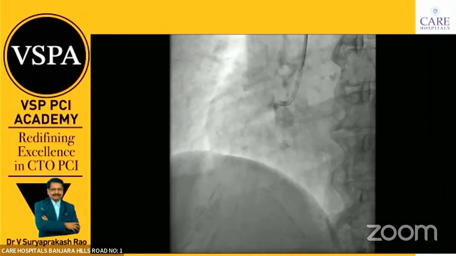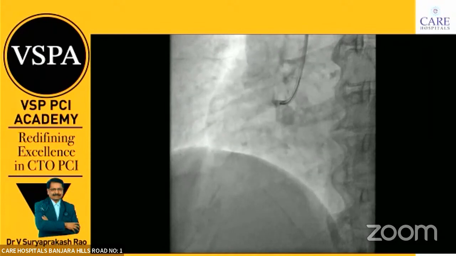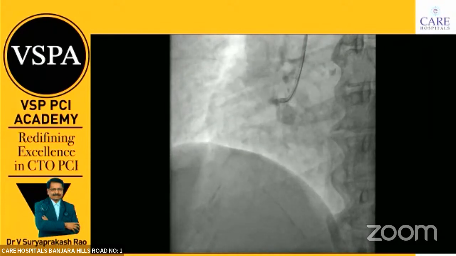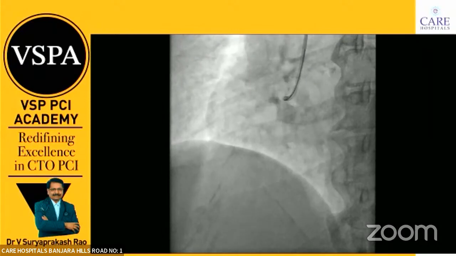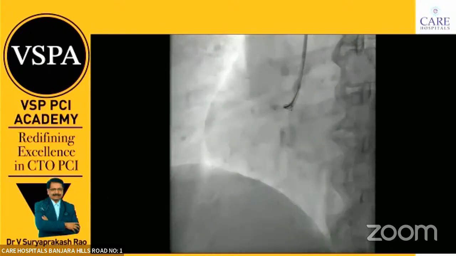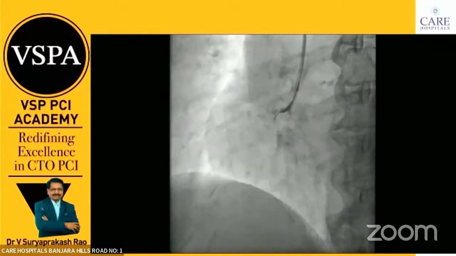So we were just trying to pass the wire. This is all one fluoroscopic projection only, a fluorosave which we have done. When we tried the upper part of the lesion, it was not going into the lumen. Then we tried from below up, it was not going up. From above down, we are trying.